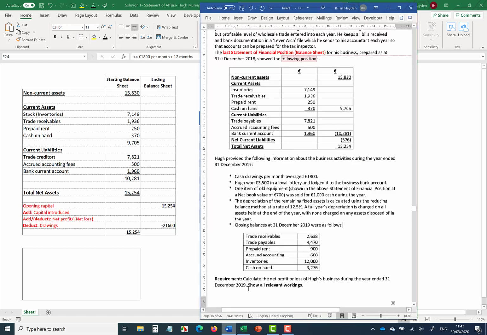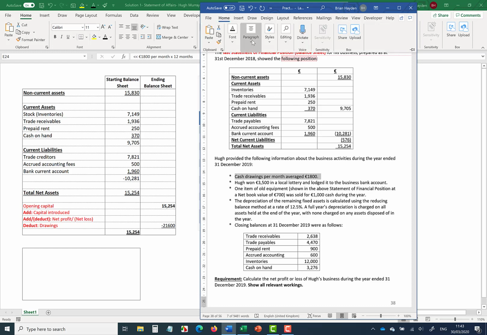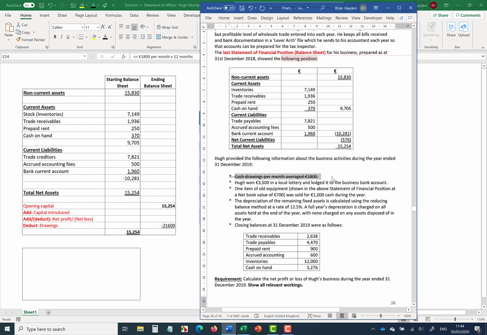Okay. Hugh won 3,500 in a local lottery, so I'll just strike this out. That's now dealt with. And he lodged it to the business bank account. So this is capital introduced. Remember, capital introduced relates to any money that you bring into the business other than from sales.